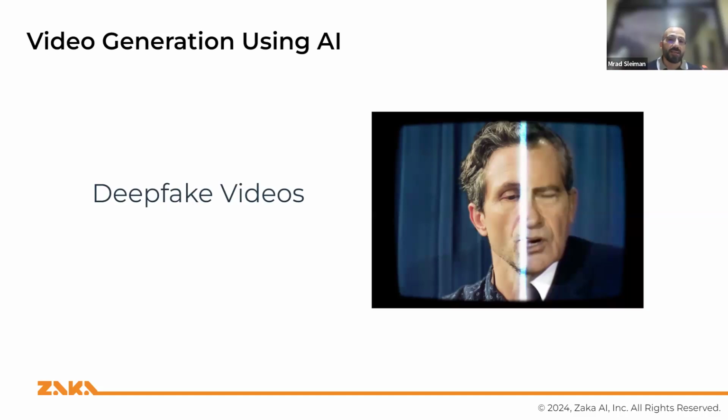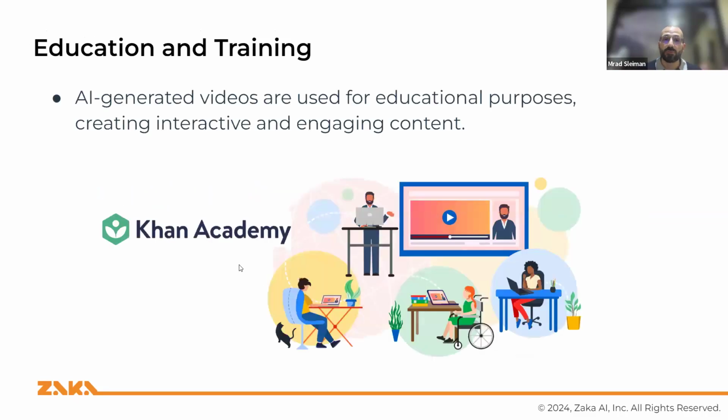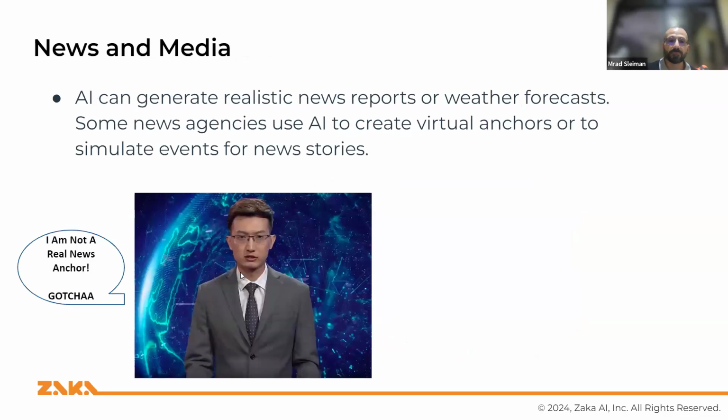Okay, we can use generative video using AI in education and training. I can talk about an example. AI can generate realistic simulations, and these simulations are used in medical training. Maybe we can use AI to illustrate abstract scientific concepts. Okay, and there are a lot of examples that you can use AI video generation in education and training.